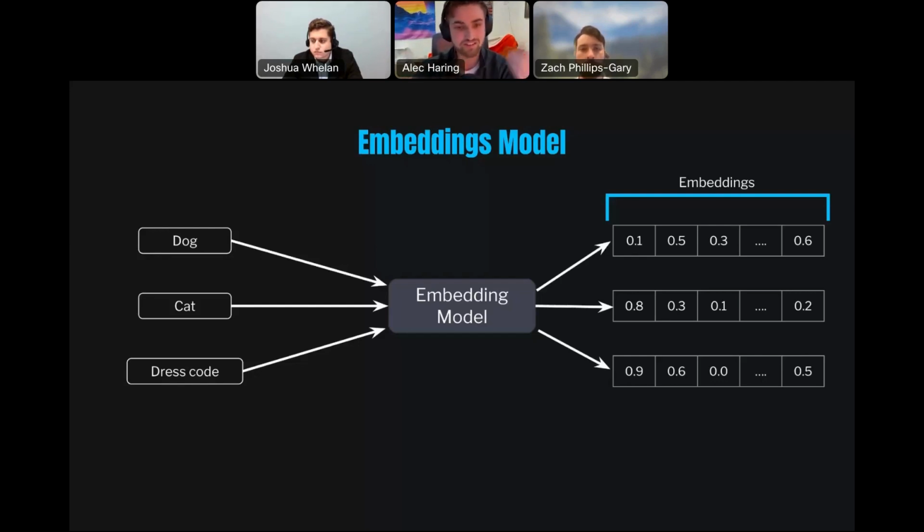So regardless of whether it's one word or an entire chapter of a book, the response is always going to be the same amount of numbers. And that's because instead of representing the actual content, it's representing the meaning of that content.